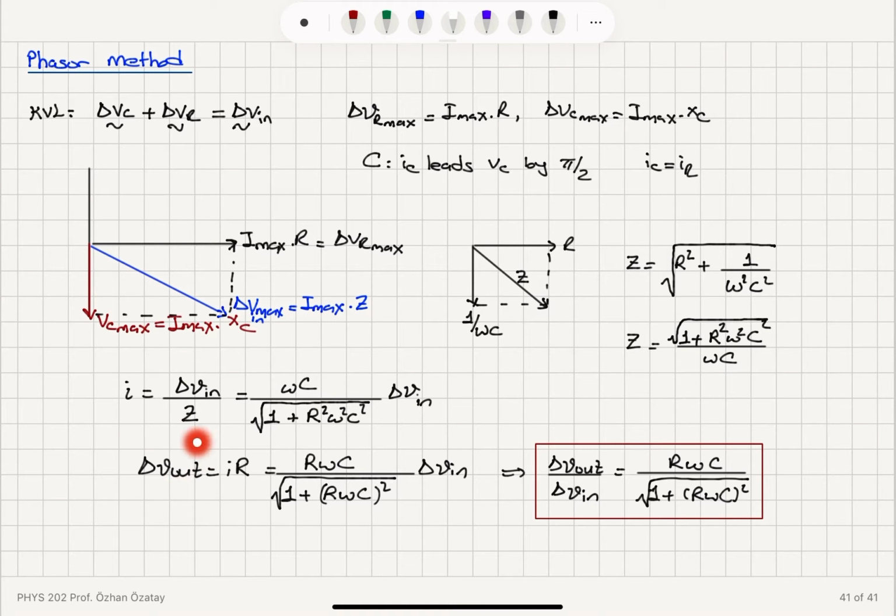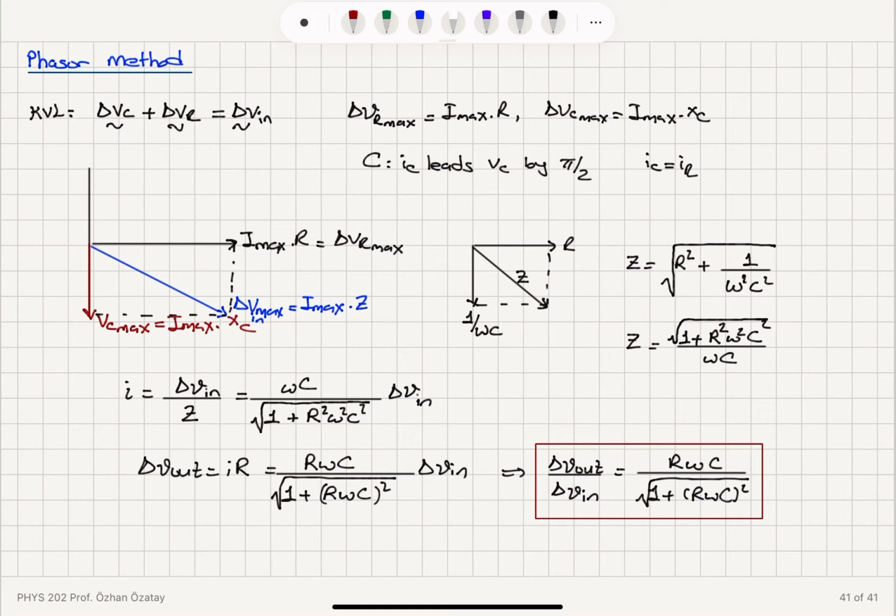So delta V out will be the current multiplied by resistance. So it will be R times omega C divided by square root 1 plus R omega C parenthesis squared delta V in. So we obtain the same transfer function. Delta V out over delta V in is R omega C divided by square root 1 plus R omega C parentheses squared.